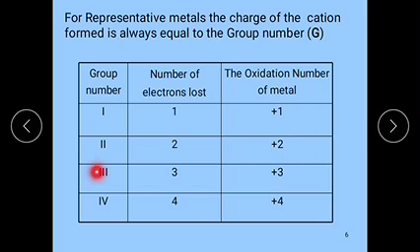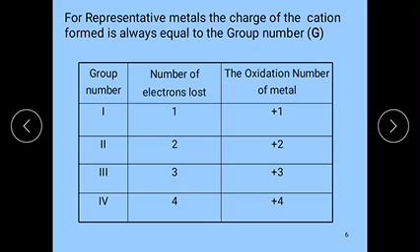For group 3A, 3 electrons can be lost from the outer shell, so the oxidation number of the metal is plus 3. For fourth group elements, 4 electrons are lost from the valence shell, so the oxidation number is plus 4.